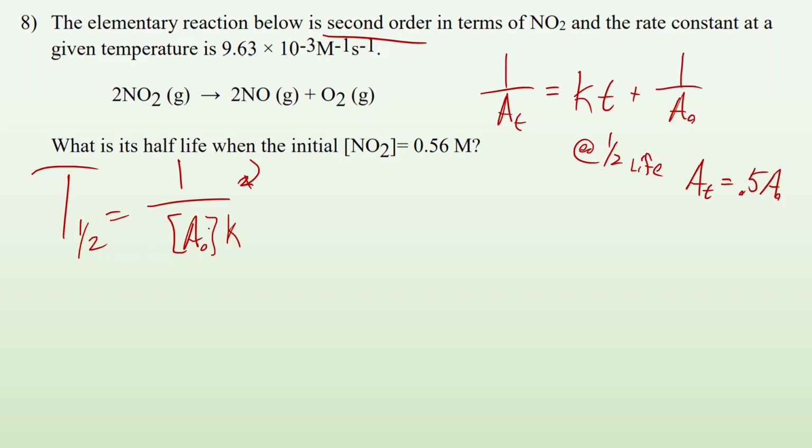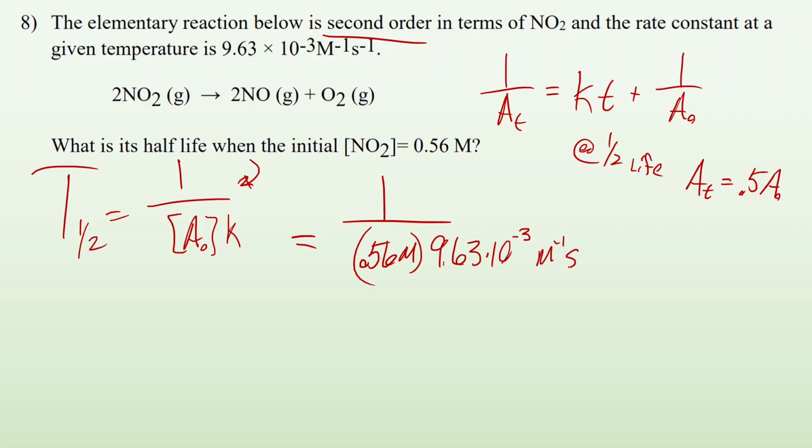So now you go, all right, let me plug and chug. 1 over initial concentration of 0.56 molar times the constant of 9.63 times 10 to the minus 3 molar to the minus 1, second to the minus 1. When I plug and chug, I get, to 2 sig figs, 190 seconds.